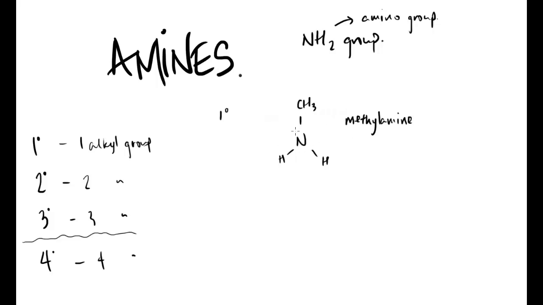So it's named as per the methyl group that is attached to this amine spine, if you like, this amine backbone, methyl group attached. If that was an ethyl group, C2H5, it'd be ethylamine, etc. Propylamine, butyl, pentyl, hexyl, whatever, it doesn't really matter.